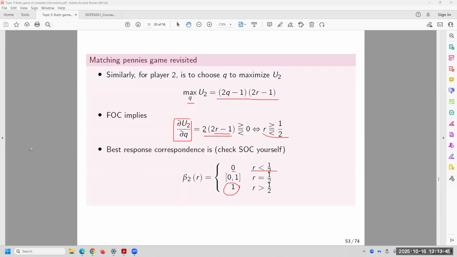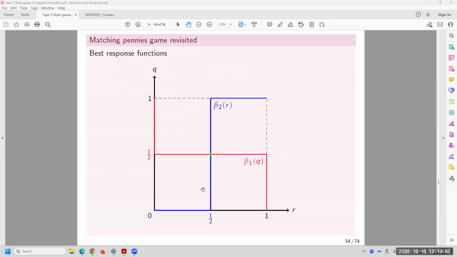So that's why you can draw it like this: 0, anything, and then 1. If R is between 0 and 1/2, then it's 0, it's here, this point. Otherwise, it's here, at 45 degrees. So the only outcome is both of them randomizing with equal likelihood of head and tail.